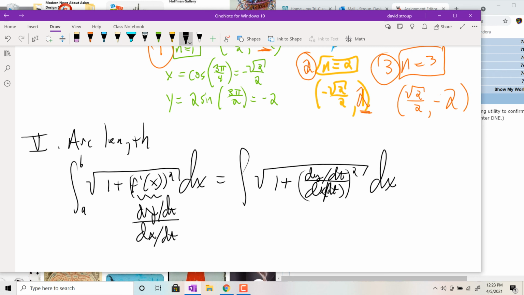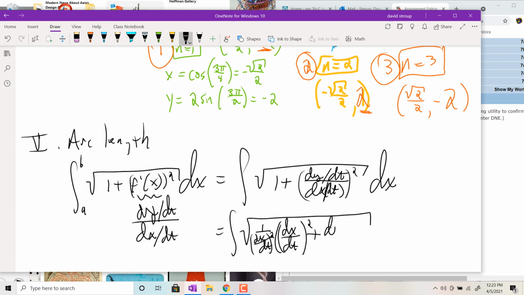So I should write it like that. So put the integral of the square root of basically 1 all over dx over dt squared times, this will become dx over dt squared. So this should be squared, plus dy over dt squared dx.